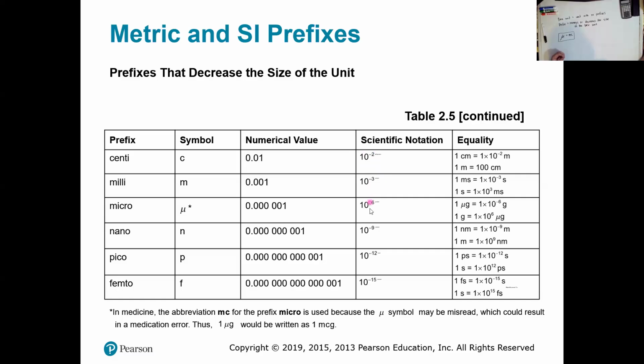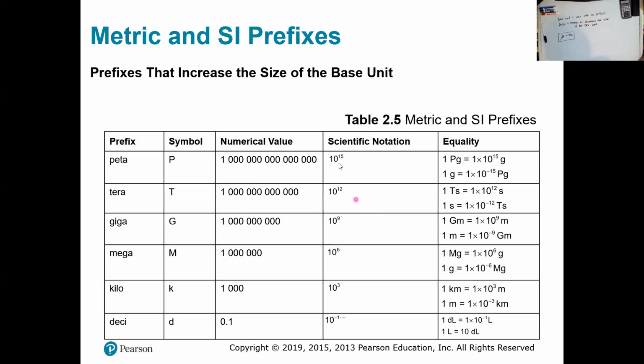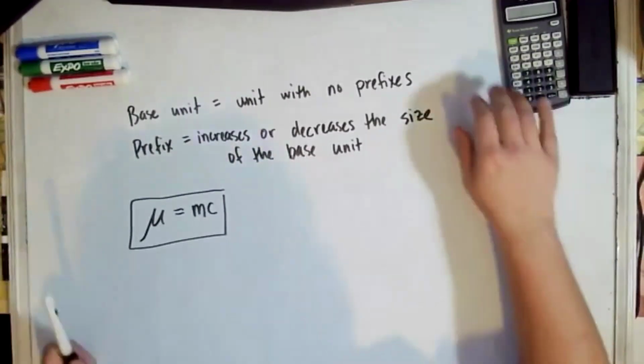Whatever this number that's in your scientific notation, whatever that exponent is, 10 to the -2, 10 to the -6, 10 to the +15, this should represent the number of base units that you have that are equal to one of your prefix units. Okay, so we're going to keep this in mind. I'm going to write out a few examples from the table just to show you what I'm talking about.